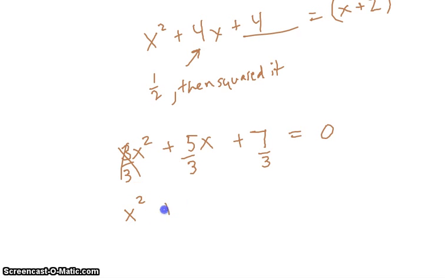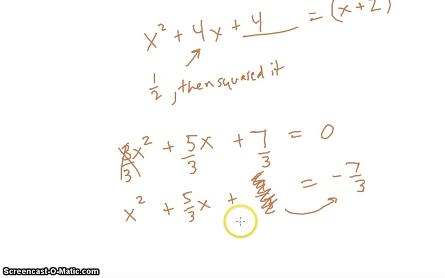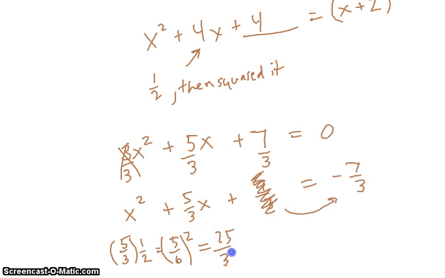So we have x squared plus 5/3 x plus 7/3. Then we usually moved this to the other side, so we made it a negative 7/3. Then we took half of this, so 5/3 times a half, to get 5/6, and then square it to get 25/36. So then this was 25/36 that we added to both sides.